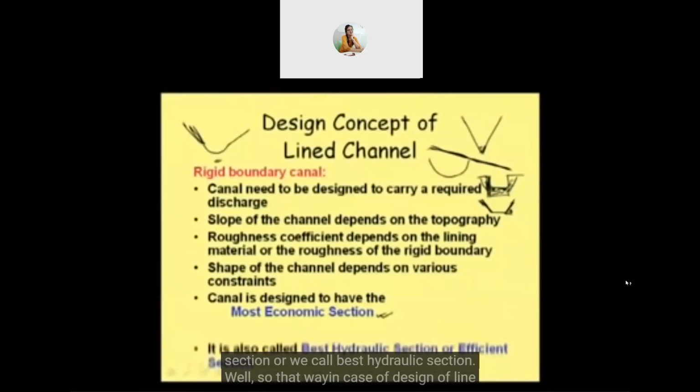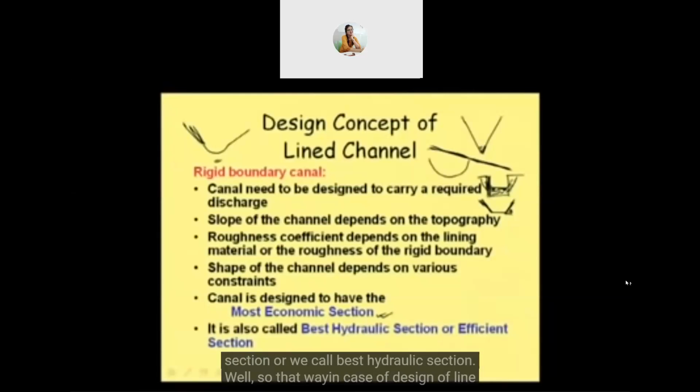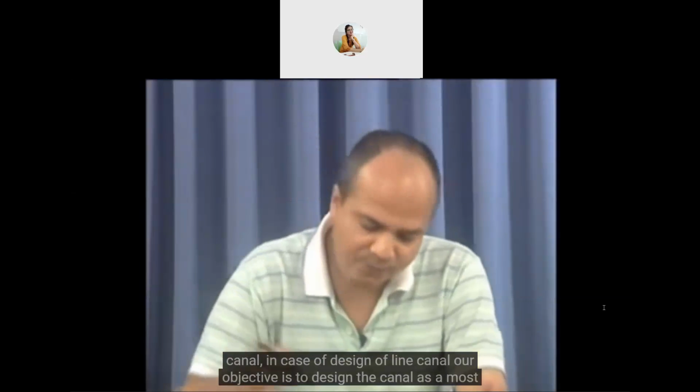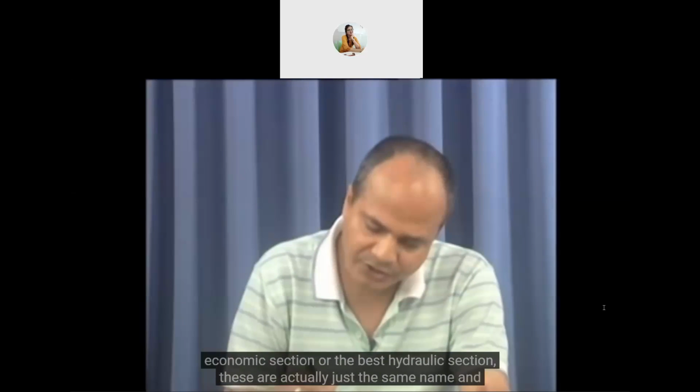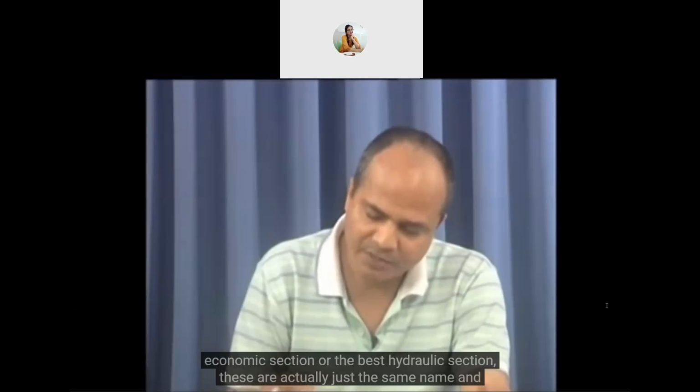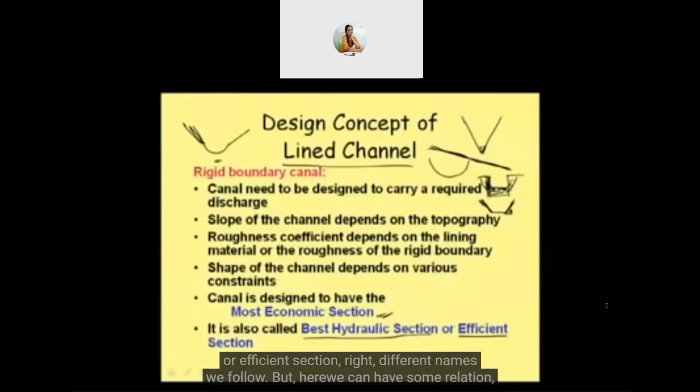Well, so that way, in case of design of lined canal, our objective is to design the canal as a most economic section or the best hydraulic section. These are actually just the same, or efficient section, right? Different names we follow.